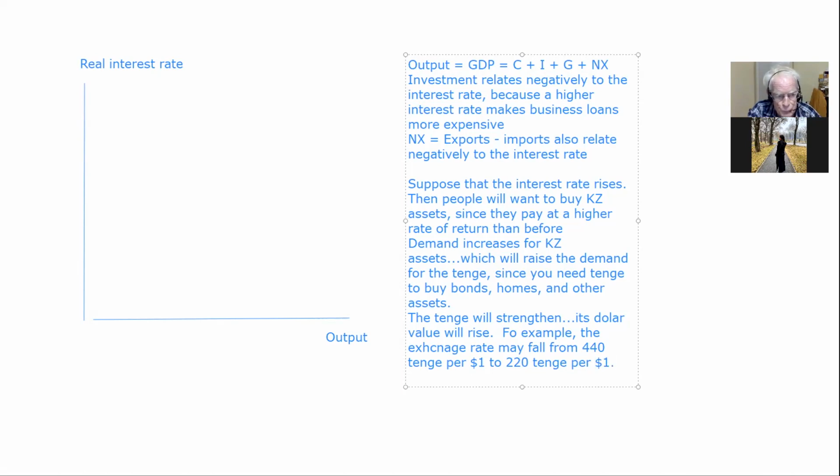So this means that the tenge becomes more expensive in terms of dollars than before.